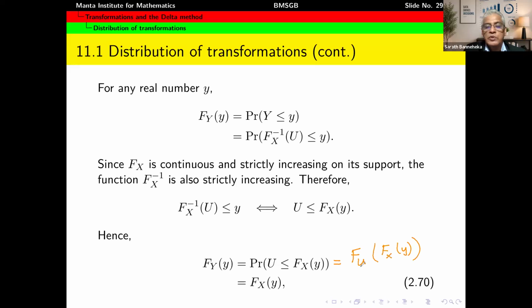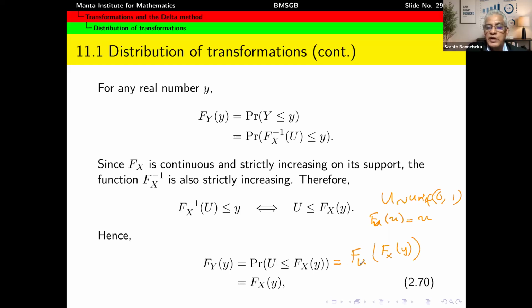The cumulative distribution function Fu evaluated at this real number, Fx of y, is a real number. But because U has a uniform 0, 1 distribution, Fu at some value u is equal to u. Fu of u is equal to u when capital U has a uniform 0, 1 distribution.